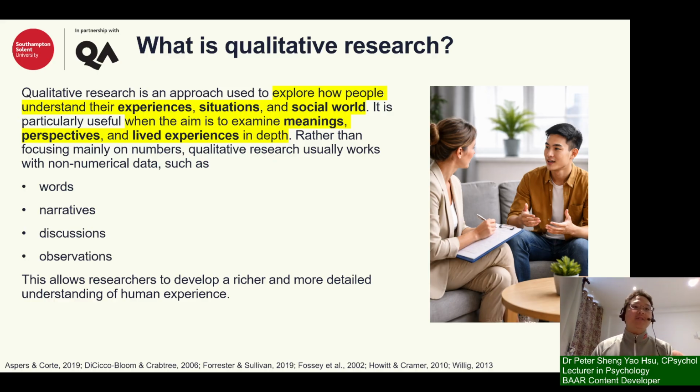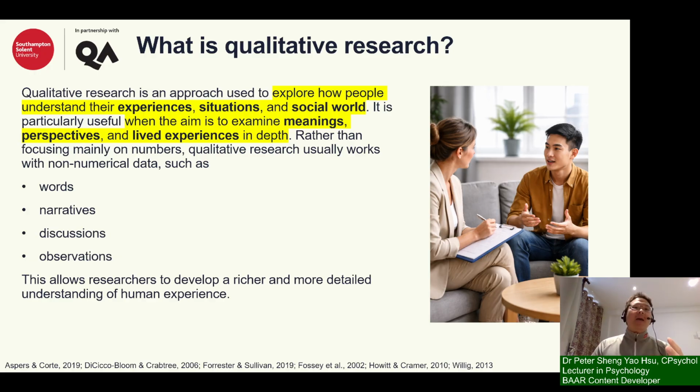Unlike quantitative research, qualitative research does not mainly focus on numerical measurements. Instead, it usually works with non-numerical data. This might include words, narratives, discussions, interviews, observations, written accounts, or media text.